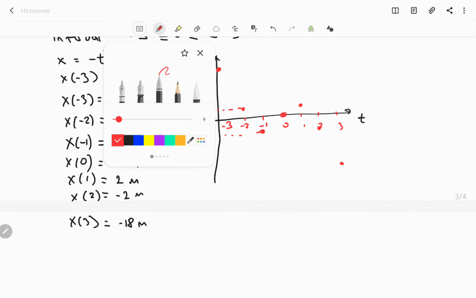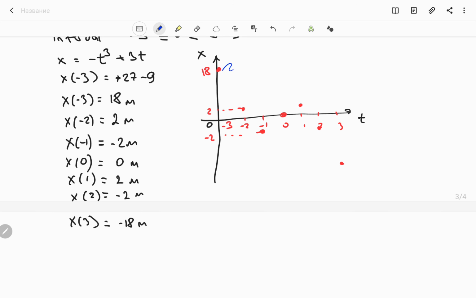So we need to join these dots. Yes, so approximately we have this kind of graph. Of course, it should be a little bit curved. So this is a graph for position time. Now we need to draw the same graph for velocity time.